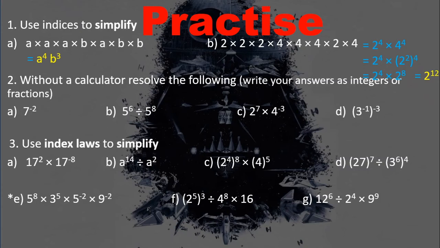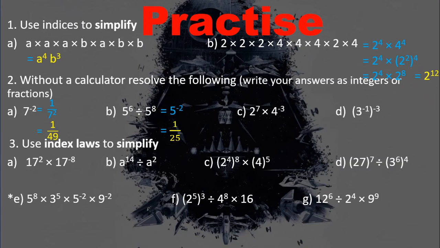For question 2, leaving our answers as integers or fractions, question A would just be 1 over 7 squared, which is 1 over 49. Question B would be 5 to the power of negative 2, which is 1 over 5 squared, which is 1 over 25.